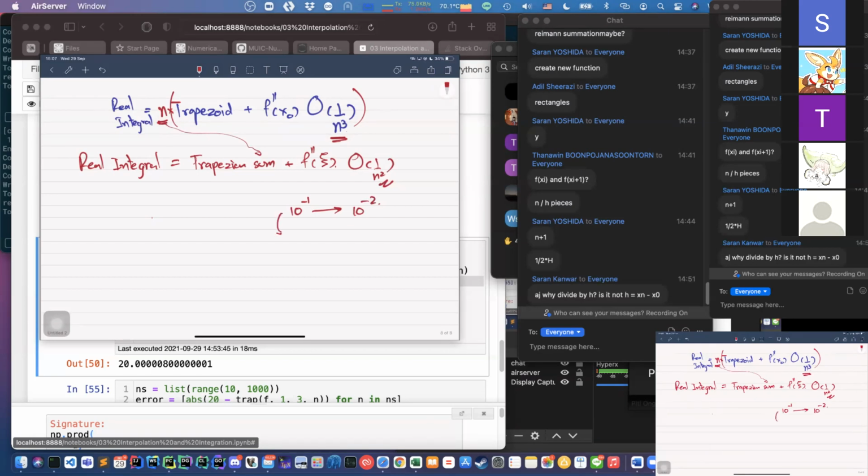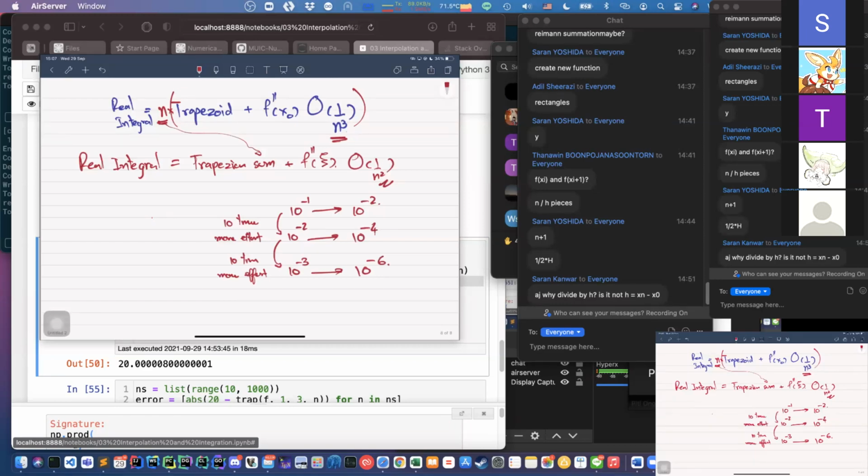If you put in 10 times more effort, because you literally sum up 10 times more terms, then your error goes down by a factor of 100. Then the step is 10 to the minus 2 and the error goes down to 10 to the minus 4, which is perfect.